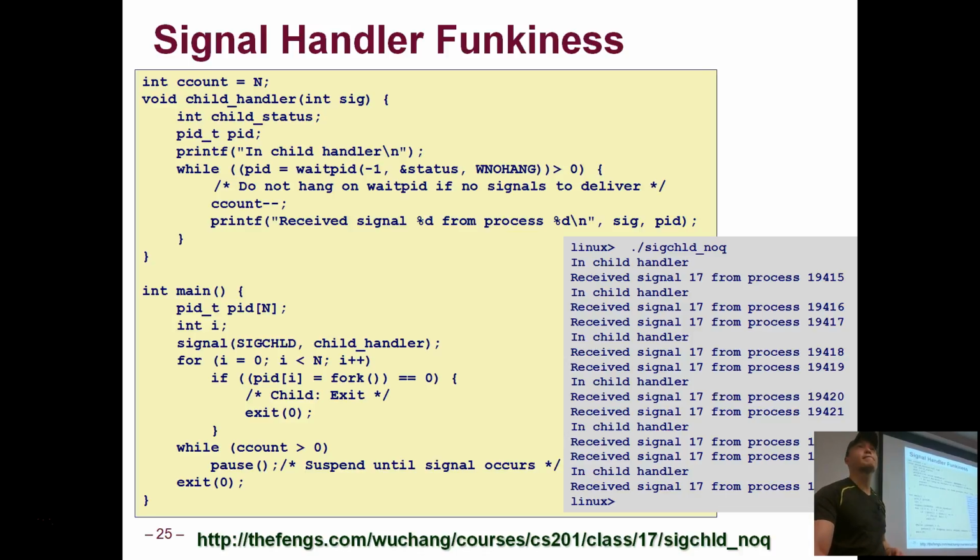Because if there is a race, this thing is always going to keep on doing the wait until there are no more children left to process. So the bit does not get cleared until the handler finishes.